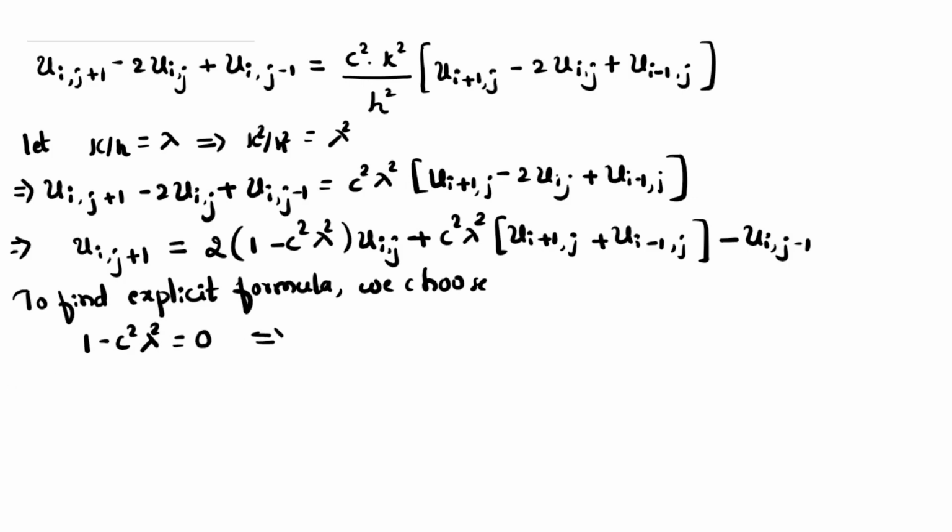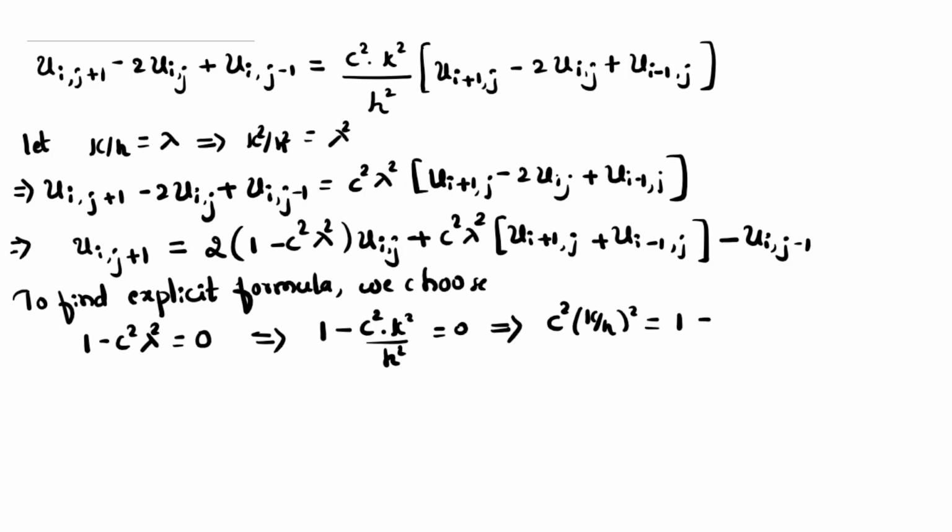When you choose this as 0, what happens? 1 minus c square lambda square, where lambda square is k square by h square, equal to 0. What it indicates is c square into k by h whole square is equal to 1.